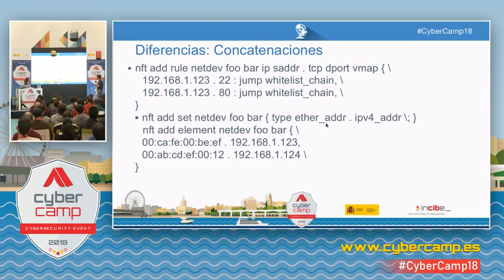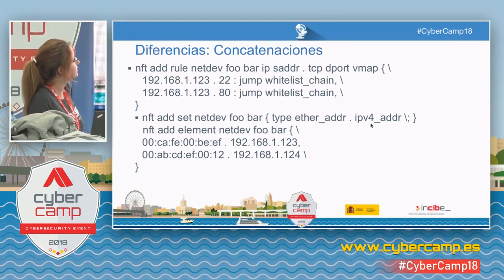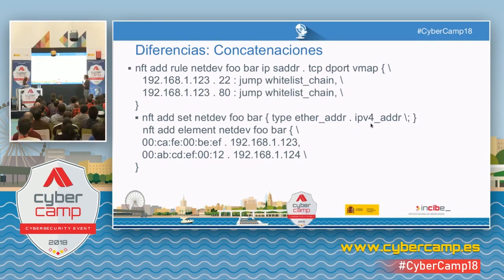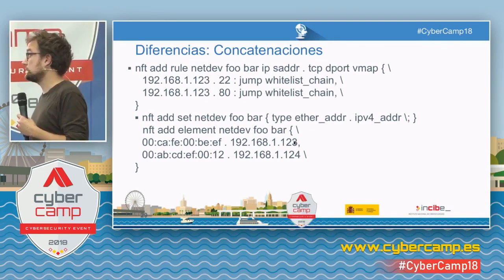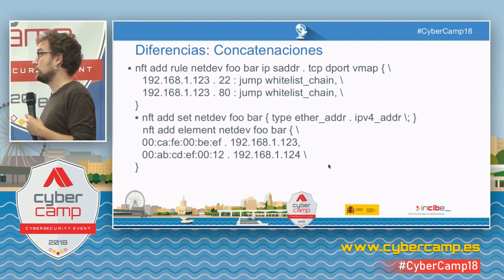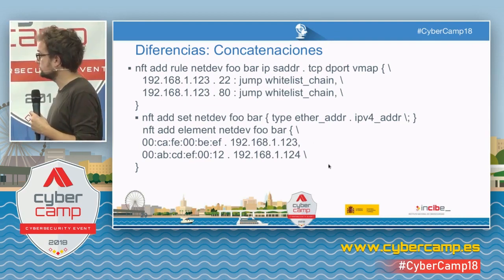Here we have some examples. For instance, we can do chaining with address, for instance MAC, which is used to then populate a set. In this case, we called it bar, and that's where elements are added.